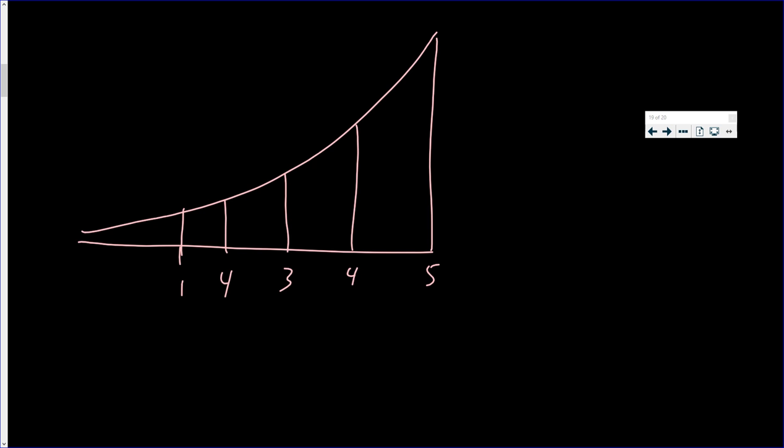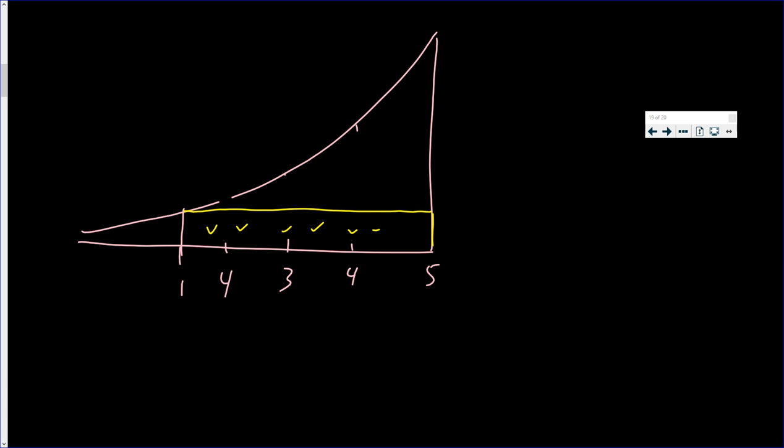Well, for example, if we just put in one rectangle and we compute the lower one, well then, that would be the one rectangle. We would get this area, and we would miss all of this area. Well, what would happen if we put in a second rectangle?